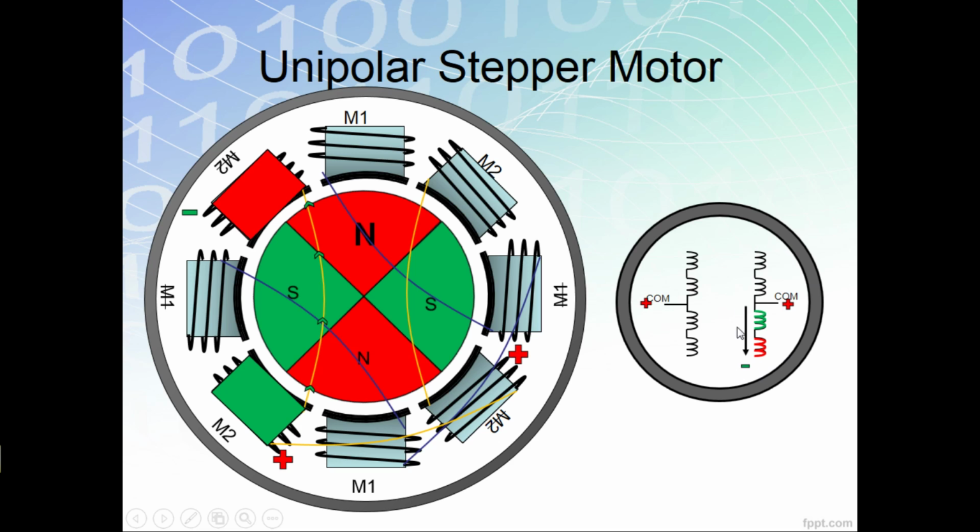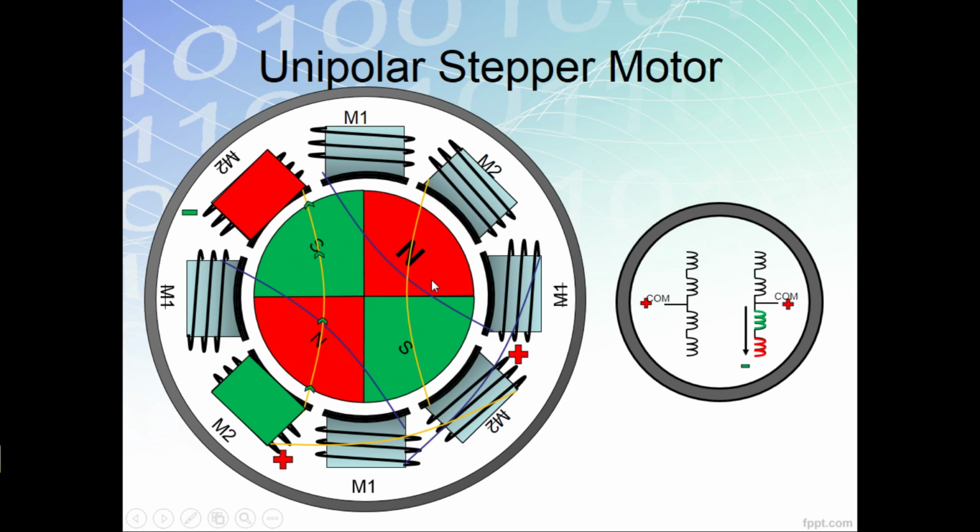The top part is not energized. And with that, only this north magnet will be attracted by this south magnet. There is no force of attraction by this north magnet to this magnet since M2 is not energized. So let's see what happened.